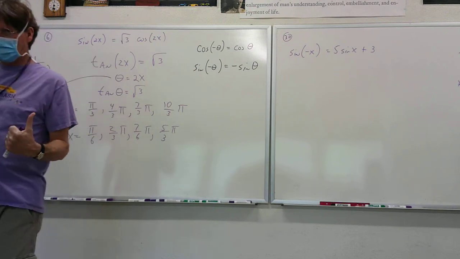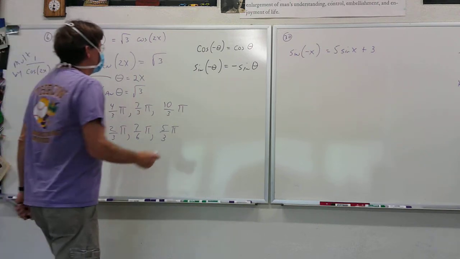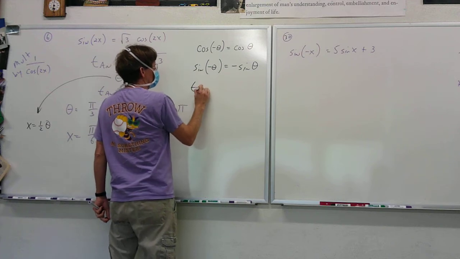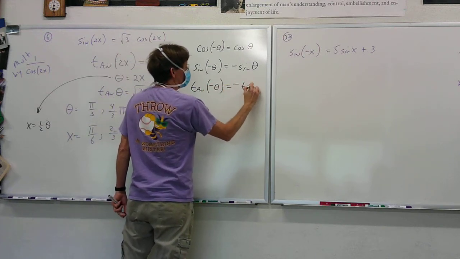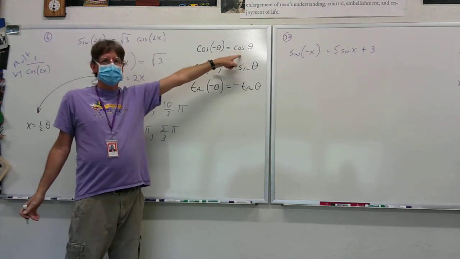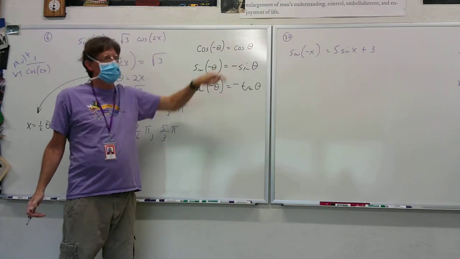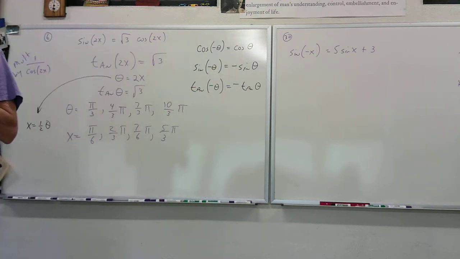That's how it works, and I may even show you why. Same thing for tangent. If you have the tangent of a negative theta, don't try to work that. Just make it negative tangent theta. But cosine negative theta equals just cosine positive theta. There is no negative sign out front. All right? Put those on the back of your circle because they'll come in handy.